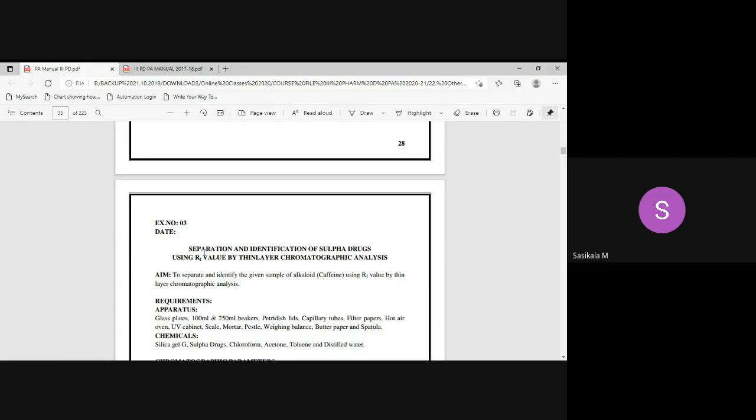Based on the deduction methods, you will calculate the RF value and compare it with the standard RF value, and you need to deduce what sulfur drug it is and report the RF value of the given sulfur drug.